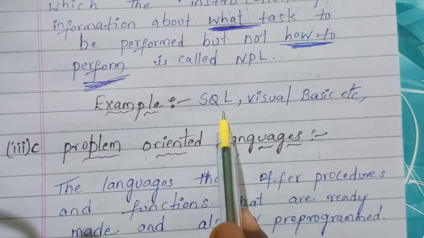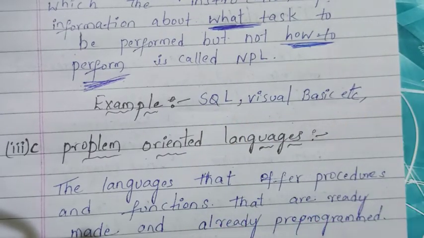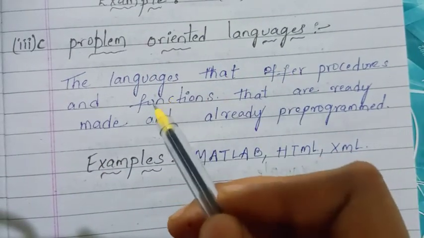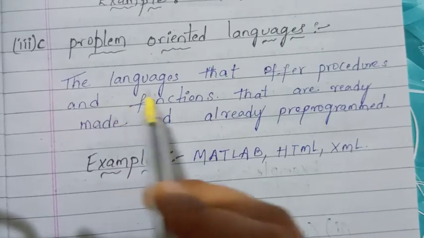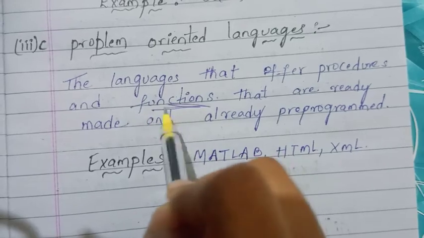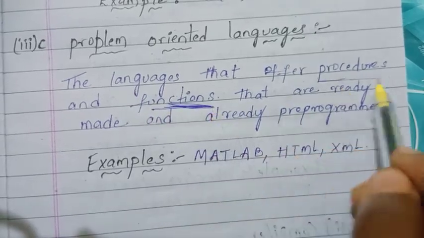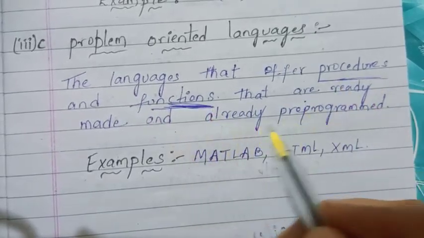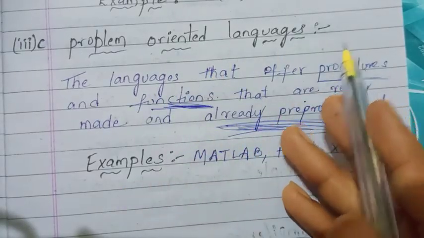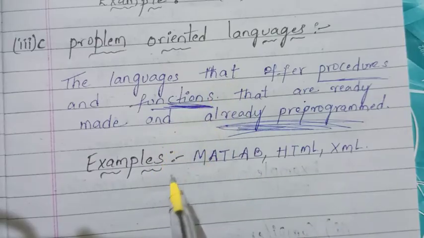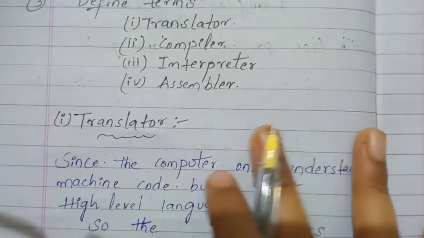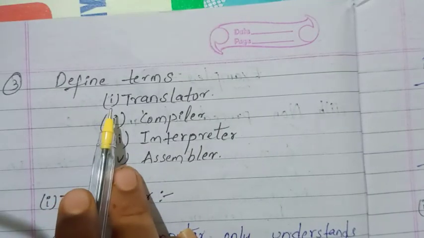The examples of non-procedural languages are SQL, Visual Basic, etc. And then problem-oriented languages. What is meant by problem-oriented language? The languages that offer procedures and functions that are ready-made and already pre-programmed are known as problem-oriented languages. Examples are MATLAB, HTML, XML, etc.